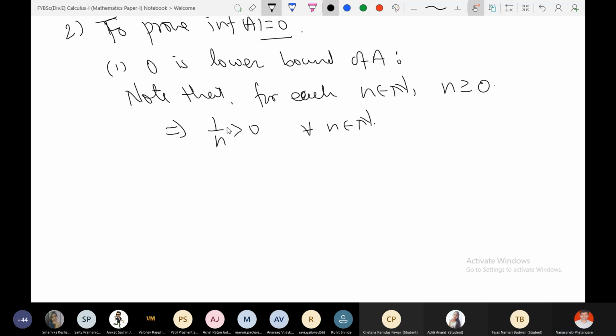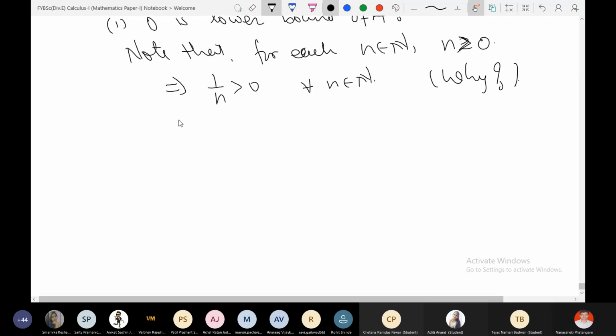So if a real number is positive, its multiplicative inverse is positive. A natural number is a real number and it is strictly positive. Therefore, its multiplicative inverse is also positive, right? That we know by general properties of real numbers. And hence, every such number 1 by n, for natural number n, is greater than 0.